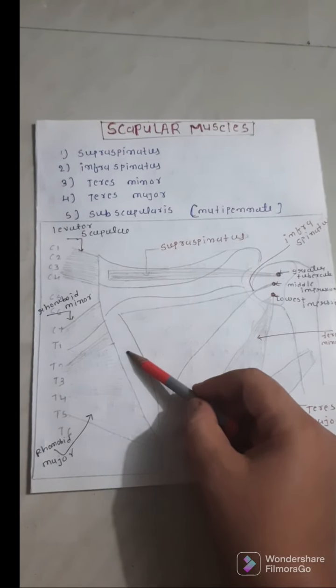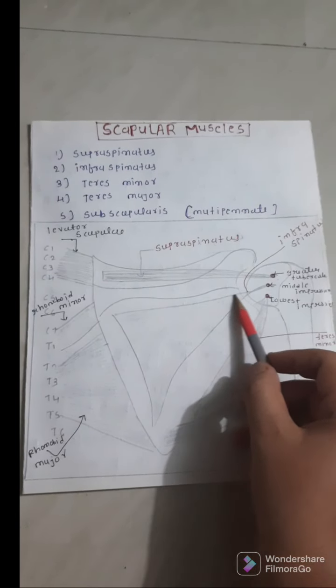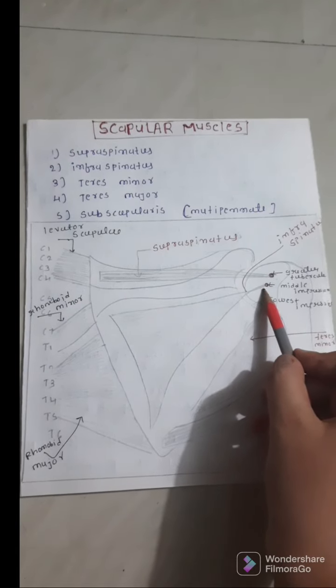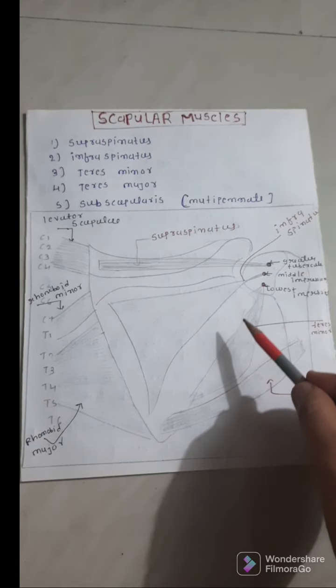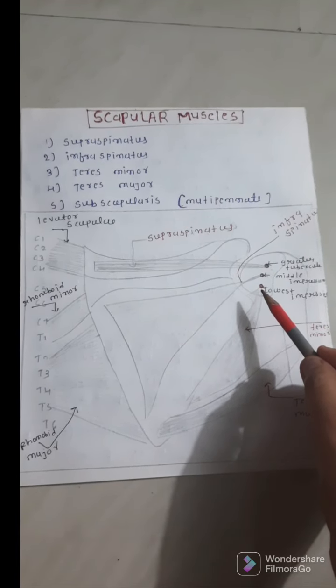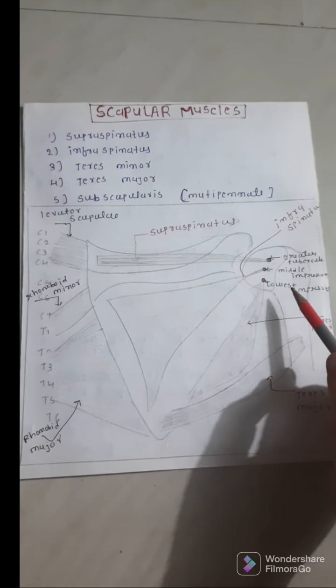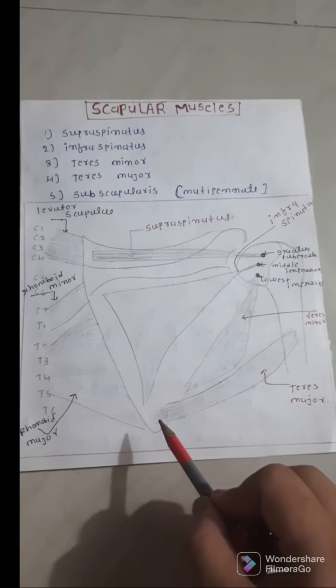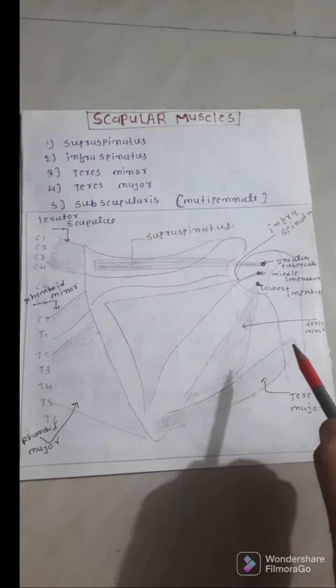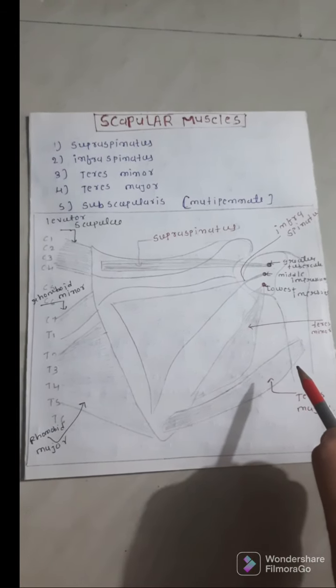Infraspinatus: origin of the infraspinatus fossa and insertion of the middle impression of the greater tubercle. And teres minor, insertion of the lowest impression of the greater tubercle, and teres major: origin of the inferior angle of scapula and insertion of the bicipital groove.